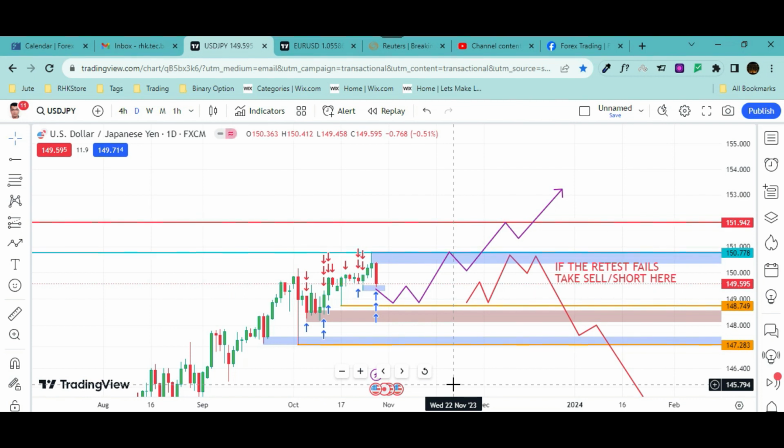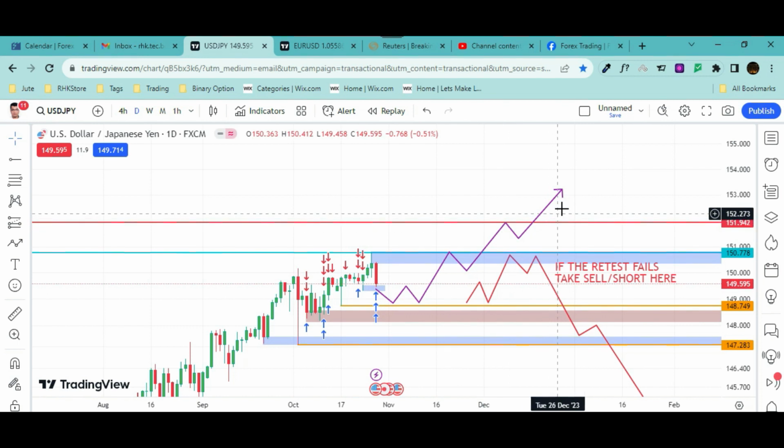Let's say the Bank of Japan didn't change the interest rate and it remains negative 0.10, and on the contrary, the US Federal Reserve, FOMC, the monetary committee, Federal Open Market Committee, increased the rates by 25 points or 50 points. Then how high it will go, I don't know.